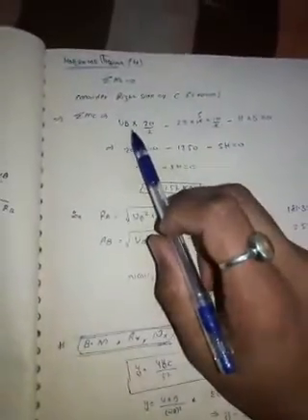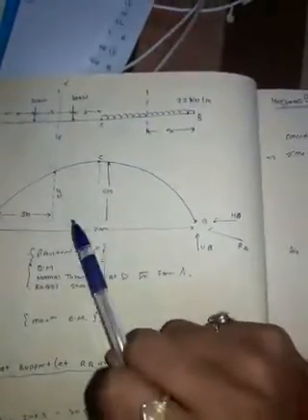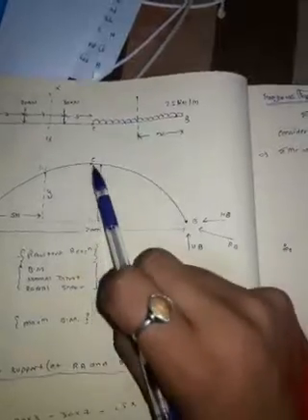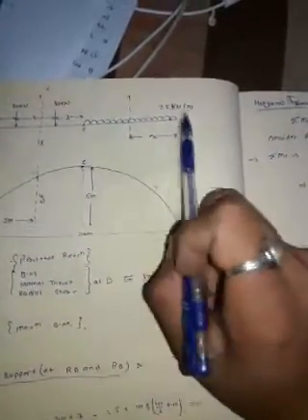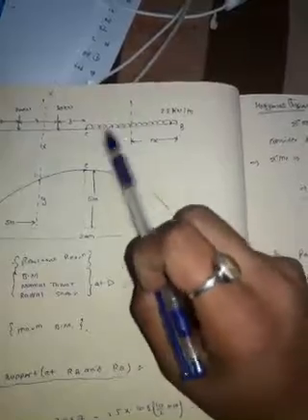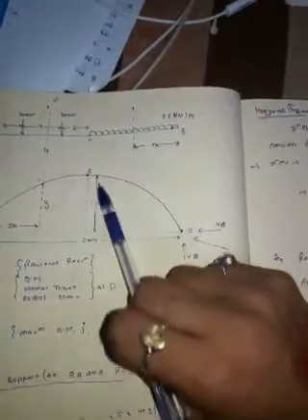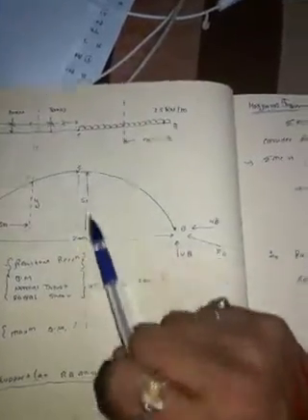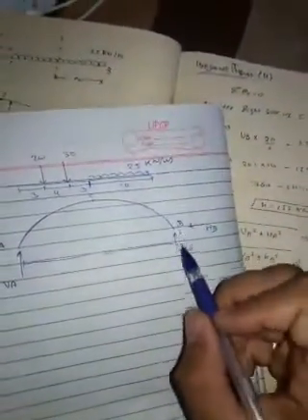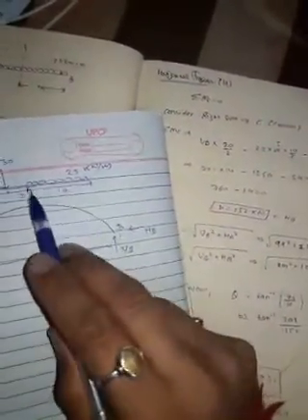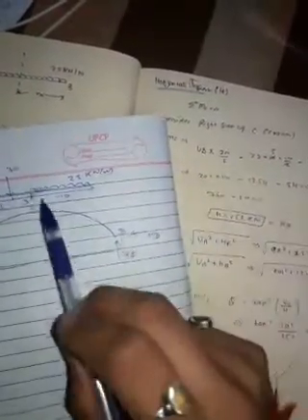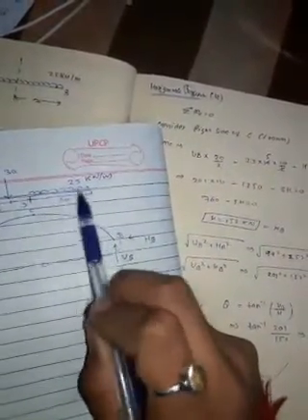VB multiplied by 20 by 2, that is the half distance, because I am taking the moment at C is equal to 0, minus 25 multiplied by 10 multiplied by half of the distance, that is 10 by 2, minus the horizontal thrust HB into the vertical distance, that is 5, the rise of the arch. So VB multiplied by 10, that is 20 by 2, minus 25 multiplied by 10 multiplied by 10 by 2, minus H into the vertical distance 5 meters.